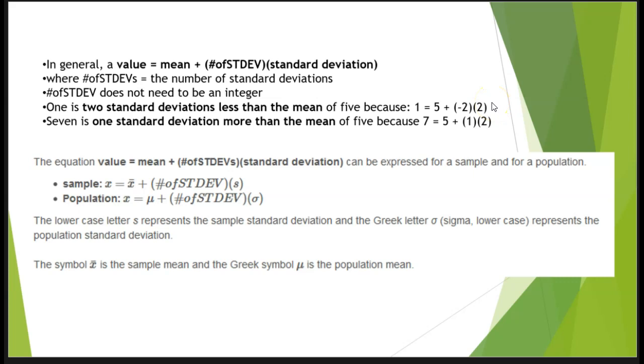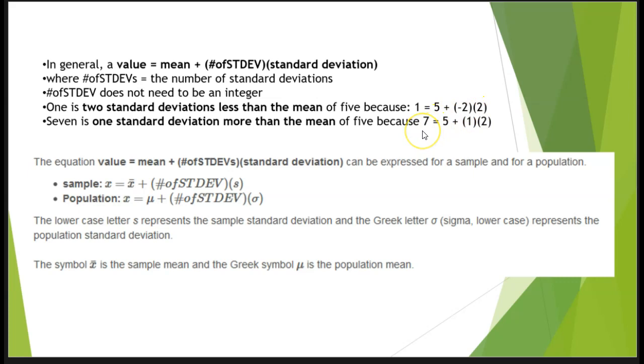Remember that Ben waited 1 minute in line, and we said on the previous slide that that's 2 standard deviations less than the mean, and we used the number line to do that. Here we can plug it into this equation and verify that 1 minute equals 5, that's the mean, plus -2, the 2 standard deviations less than the mean, times 2, which is the standard deviation.